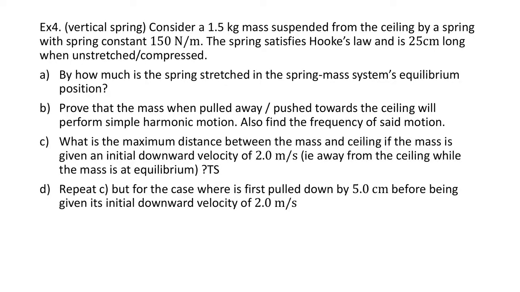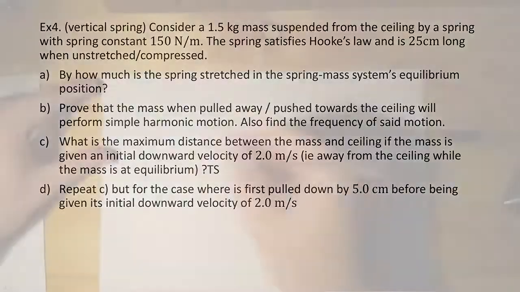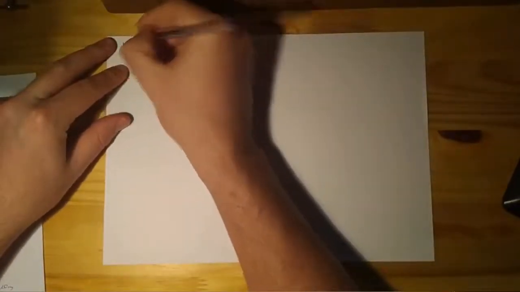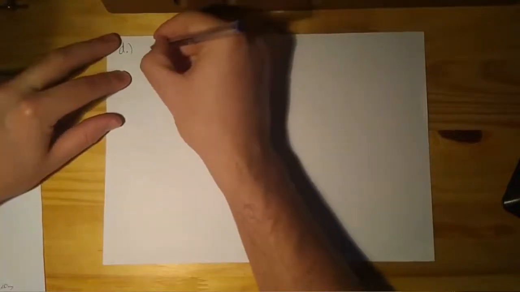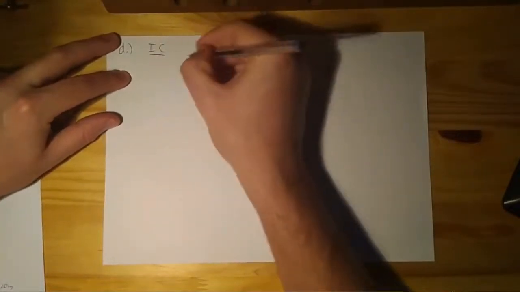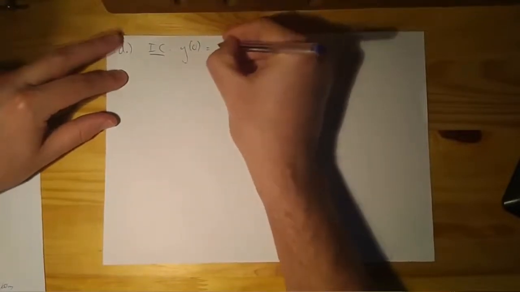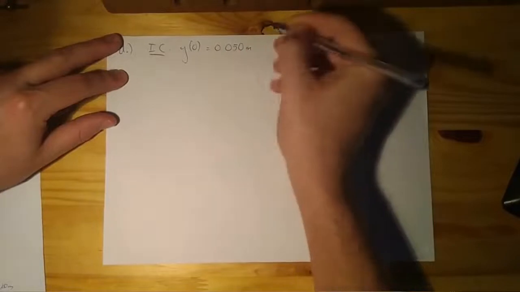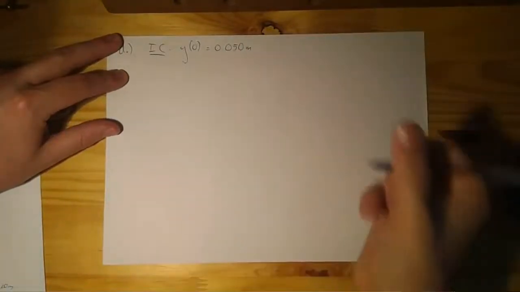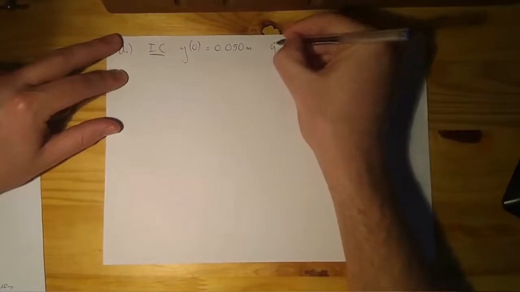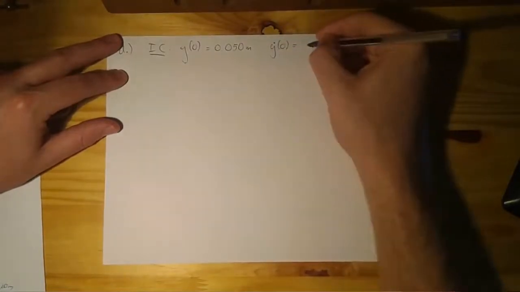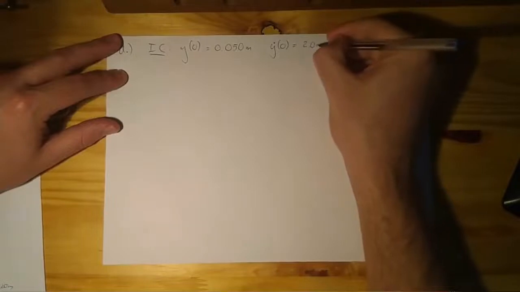Okay, so for exercise D, you again do C. This one I'm going to leave for homework, but I will similarly upload the solution just like with other problems that we did. So go and see if you can solve it yourself. The big thing that's different there is the initial conditions. Now the initial conditions are instead y0 equal to 0.050 meters, the way that I set up the diagram with downwards as positive, and the same initial condition for the velocity, 2.0 meters per second.